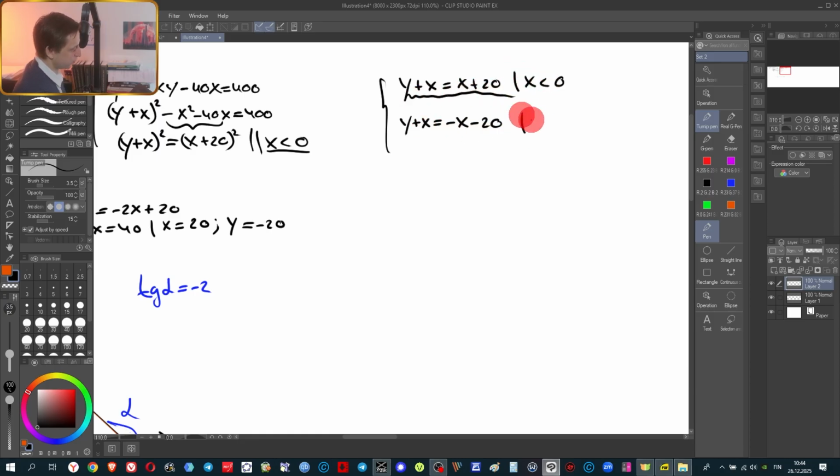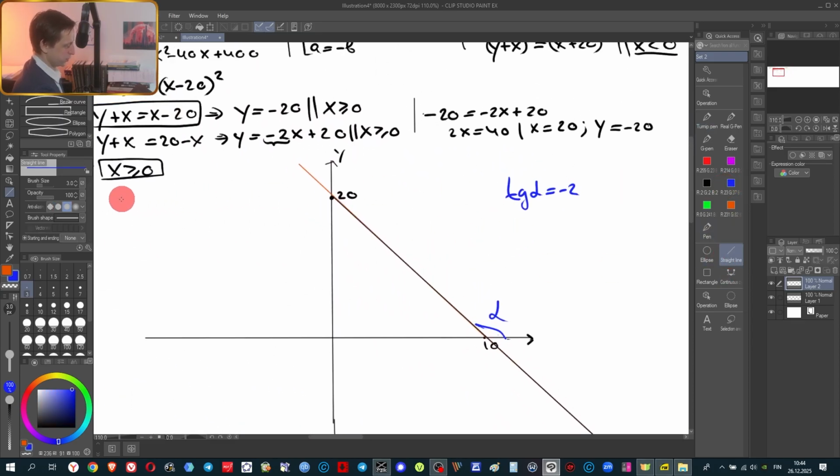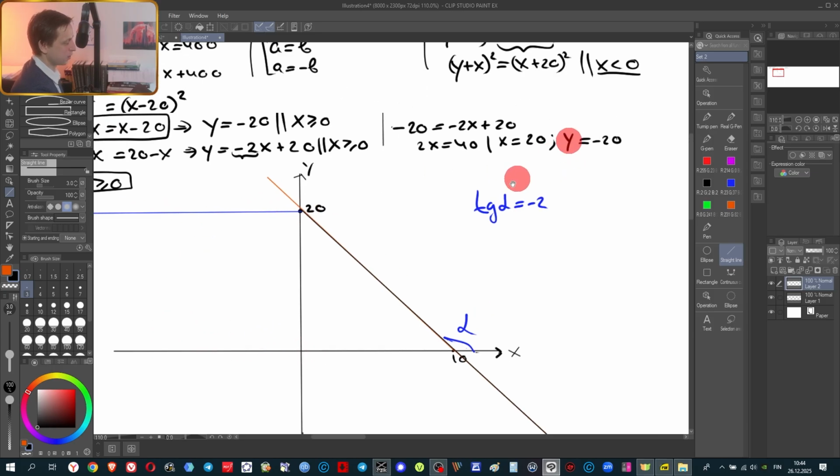This one is simply the line y equals 20. So let's draw the line y equals 20 here. We don't need this portion of the line because we are only interested in negative values of x. So we need only this portion of the line.